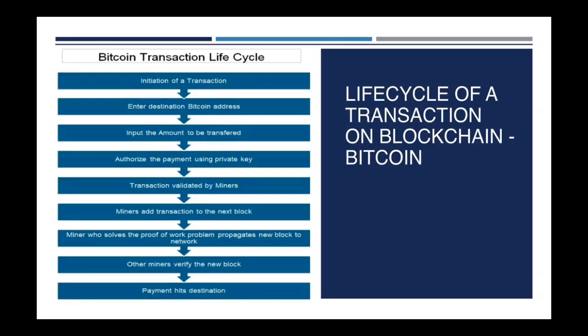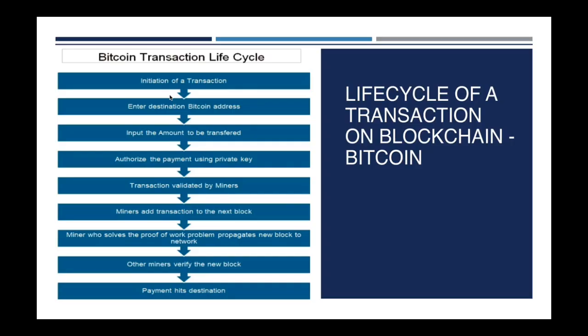As I've told before, the lifecycle of a transaction differs from one blockchain to another. Let us see the Bitcoin transaction lifecycle. The lifecycle of a transaction on Bitcoin is basically transferring currency from one account to another.